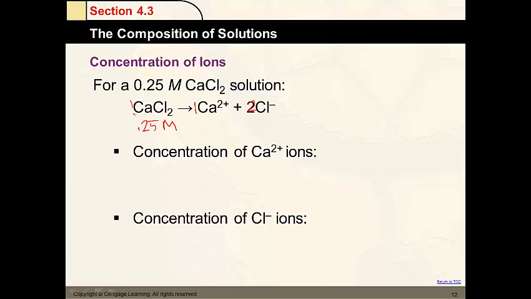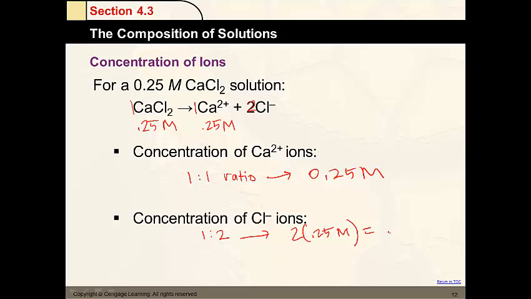Since this is a 1-to-1 ratio between these two, it's still 0.25. However, it's a 1-to-2 ratio between calcium chloride and chloride, so we need to double it. I'm going to take 2 times 0.25, and that gives us 0.5 for that one.